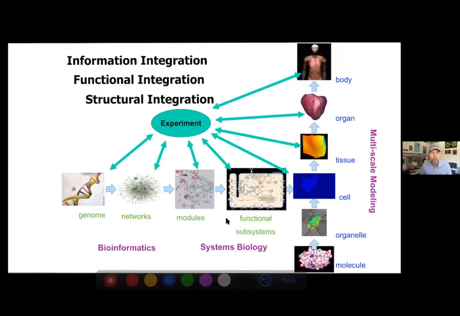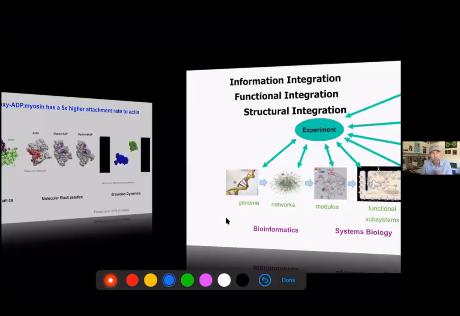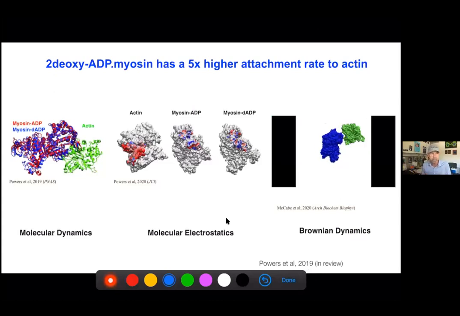So I want to use just a few simple examples to give you an idea about these different approaches and how we use them. My lab happens to work on the mechanics of the heart and heart disease. So the examples I'll tell you are related to heart disease, but I think this is a much broader paradigm.